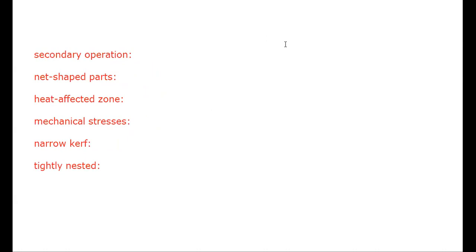In this case, when I talk about secondary operation, we are thinking of an additional process, like modifications or applying heat.